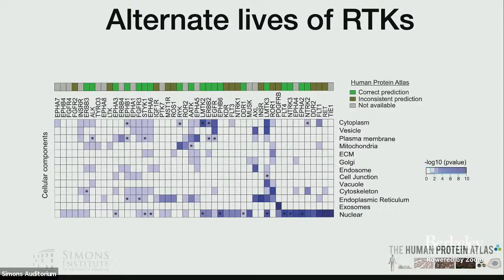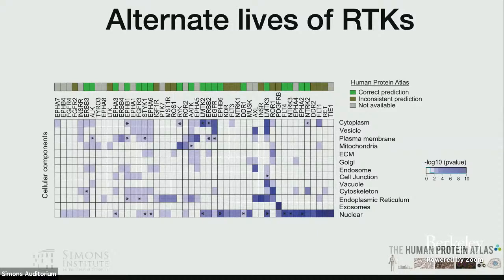To try to understand if this was a relevant phenomenon and worth studying further, we started to take a look at the Human Protein Atlas, which uses antibodies directed against these particular proteins and identifies their localization within different types of cancer cells. Using a very simple guilt-by-association analysis of the interactors of each of these kinases, we predicted their cellular localization based on the known localization of their interacting partners.